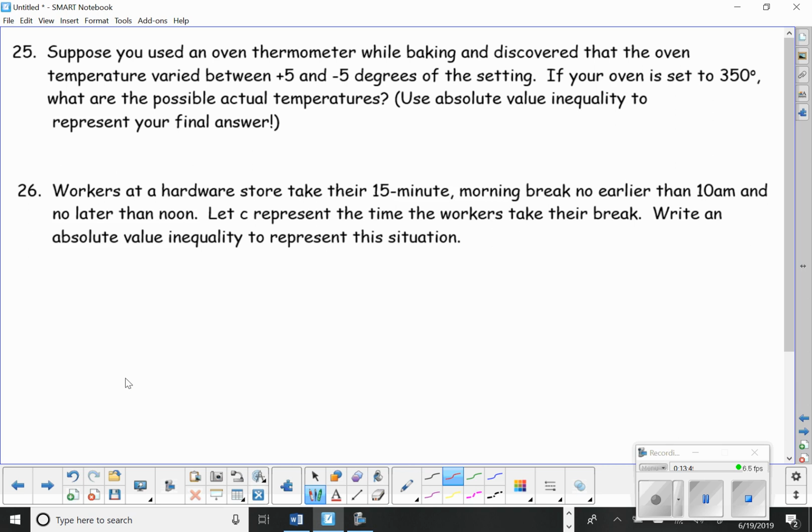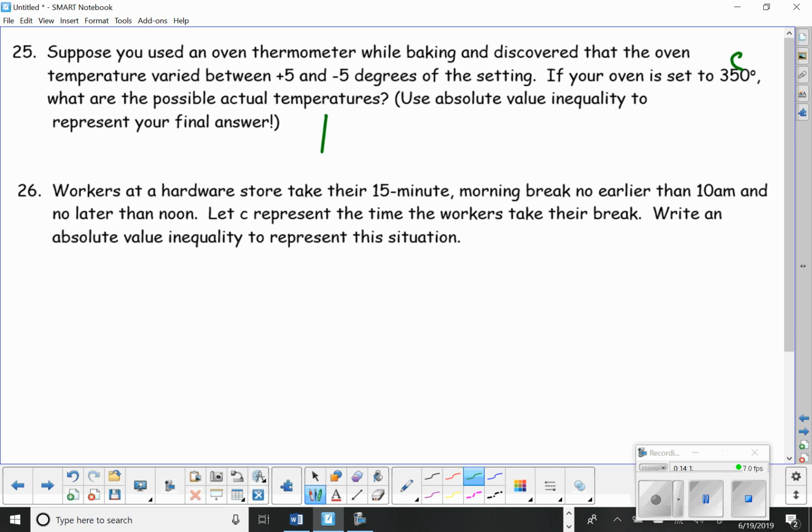Suppose you used an oven thermometer while baking and discovered that the oven temperature varied between +5 and -5 degrees from the setting. So if you set your oven at 350 degrees, what are the possible actual temperatures? All right, first off, remember that this is now your center. You're 5 above or 5 below.